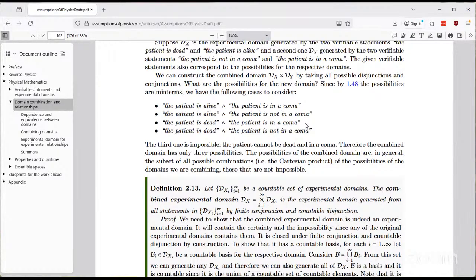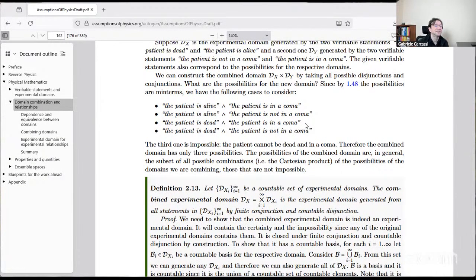Right, so when I combine the domains, I always do it the same way, but it happens that some of these logical conjunctions and disjunctions turn out to be equivalent to the impossibility. And it's the context that tells you that. Okay, so how to combine domains is already built into the context. Yes, if you have specified the context, I can just generate all the statements, and then some of them will automatically be equivalent to the impossibility.